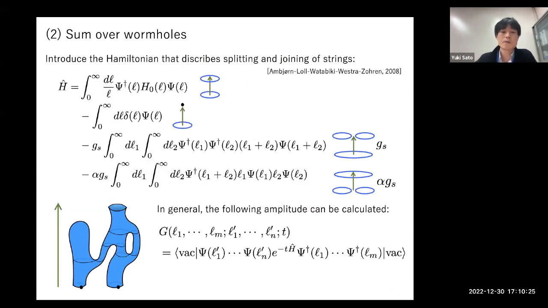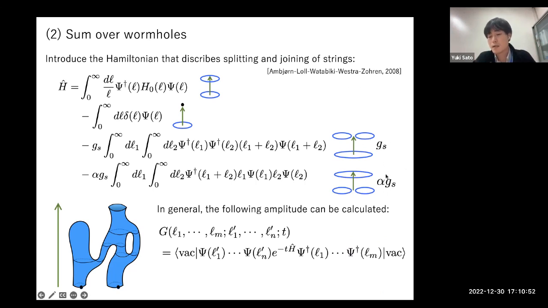So this is the full Hamiltonian. The first part means the free part, the free propagator. And the second one means the 1D universe vanishing into the vacuum. And the third and fourth ones are the splitting and joining interactions of the string. And the coupling constant is g_s, the string coupling.